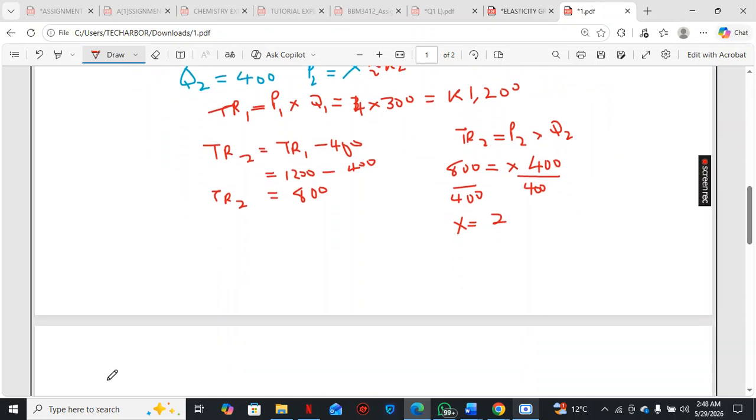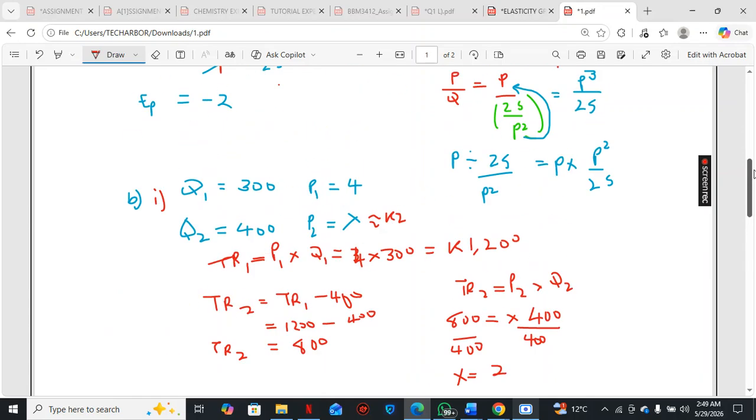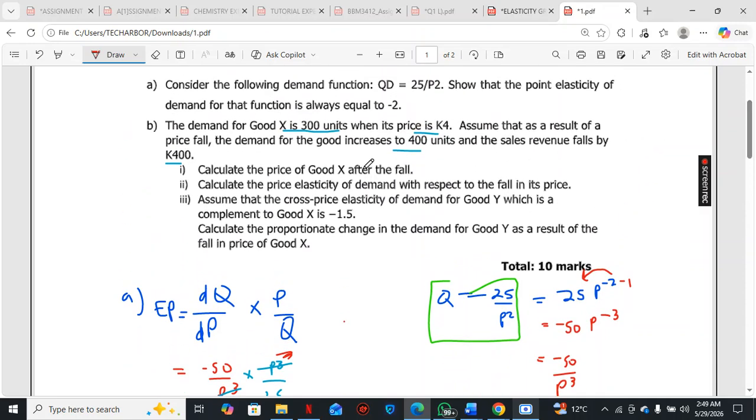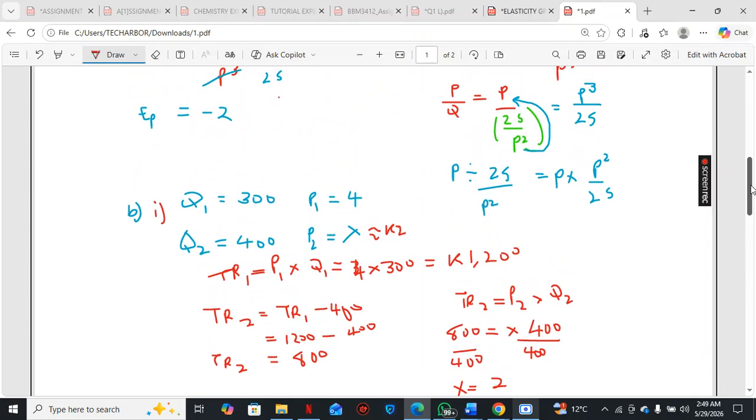Okay. Part 2 of the question says, calculate the price elasticity of demand with respect to the fall of price. So price elasticity of demand, PED.